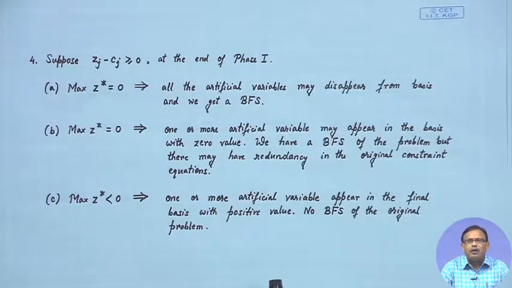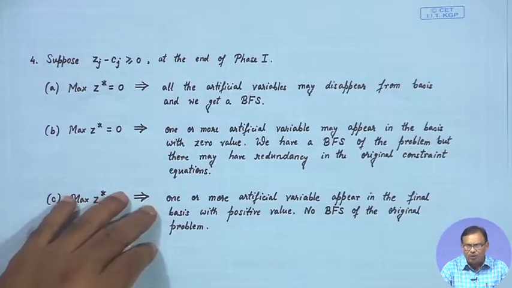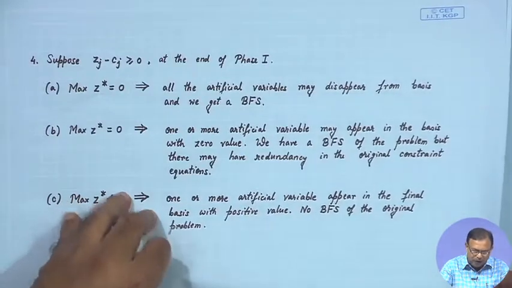This means that some redundancy is there in your constraints, whereas z star less than 0 means there is no solution of the original problem, because z star less than 0 means one or more artificial variables will appear in the final basis where the value of that artificial variable is positive, that is greater than 0.